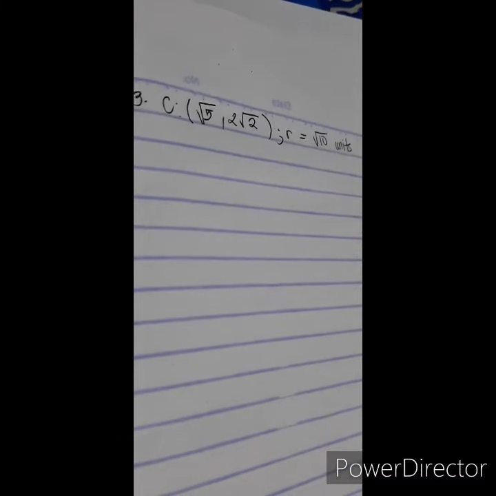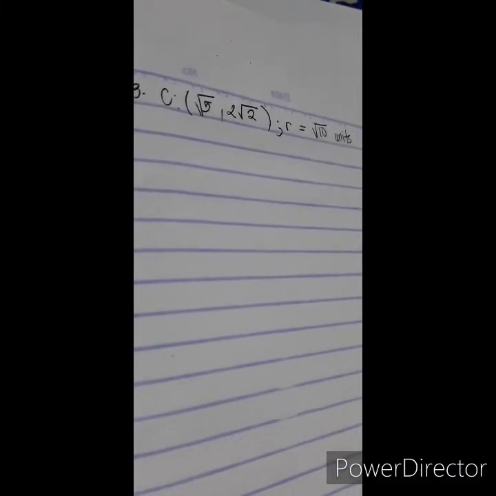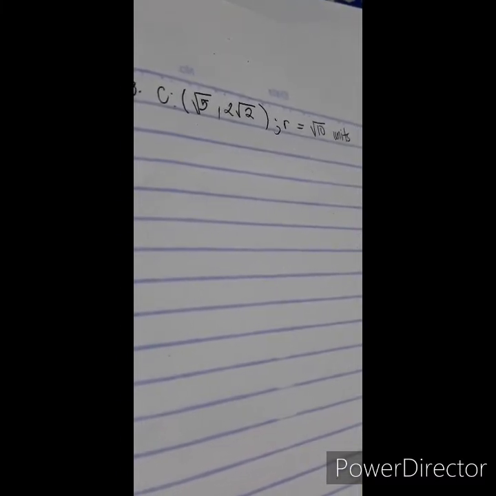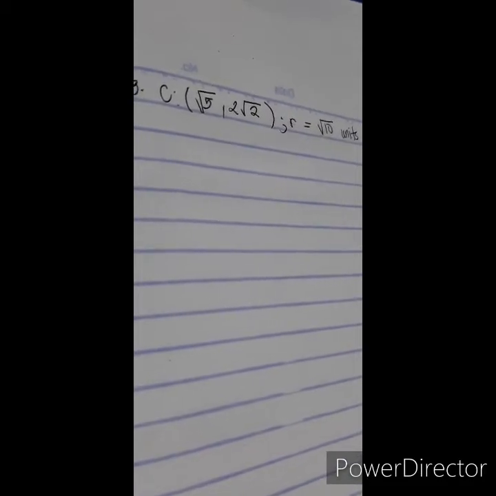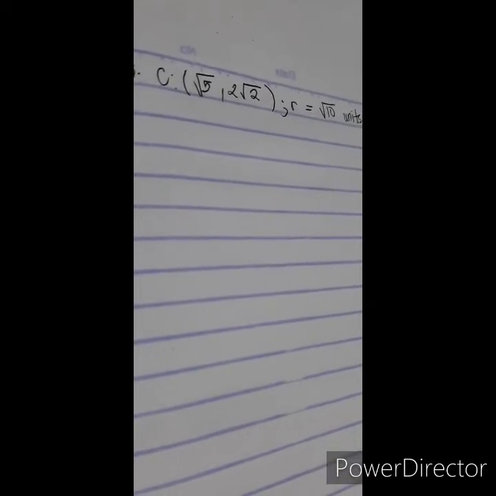What if you have this kind of given, wherein the center is located at the point square root of 5 and 2 square root of 2, with a radius that is equal to square root of 10 units? How are you going to solve this problem involving radical numbers?